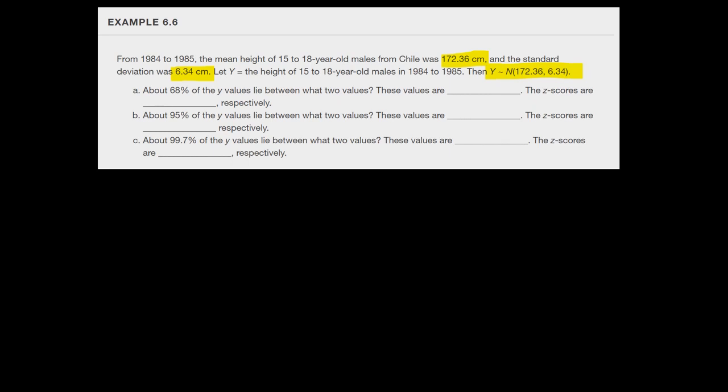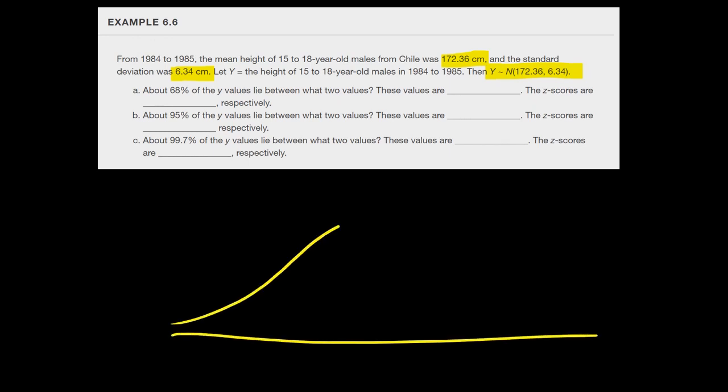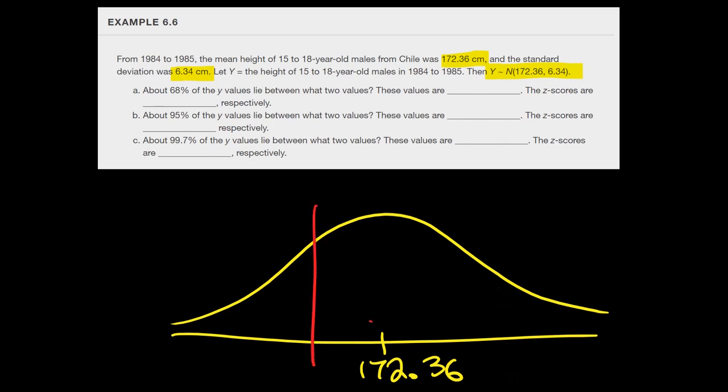All right, let's draw out this distribution. It's normally distributed. In the center, we have the mean 172.36. Now if I were to go one standard deviation below the mean and one standard deviation above the mean, the empirical rule says that 68% of all possible y values will be within one standard deviation of the mean.